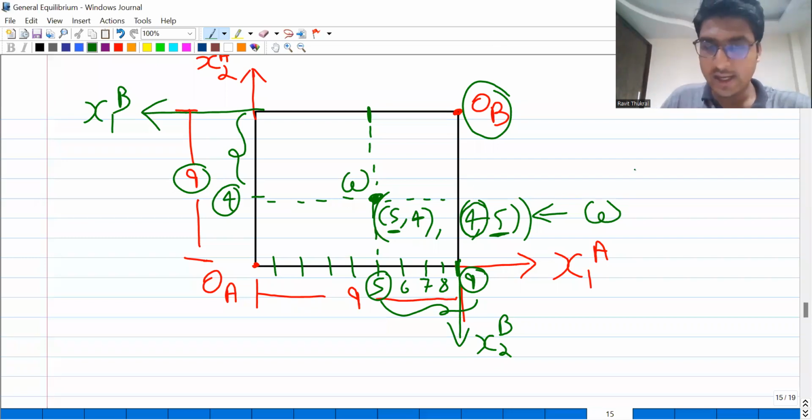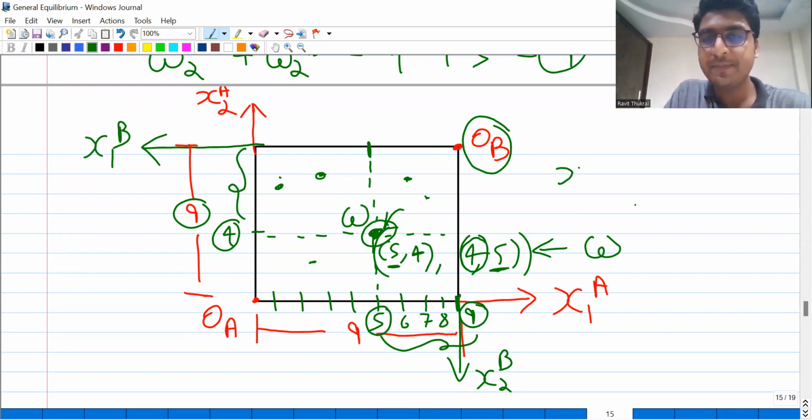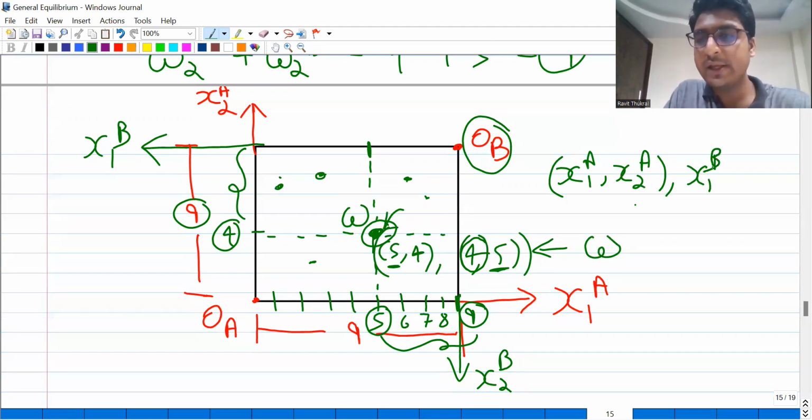So again there is a confusion about what is x and what is omega. Any allocation is x. Okay, this allocation is also x, but in this case this x is also omega. Any allocation you can call x. Okay, so x1A, x2A, comma x1B, x2B.